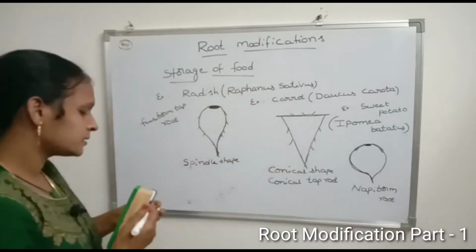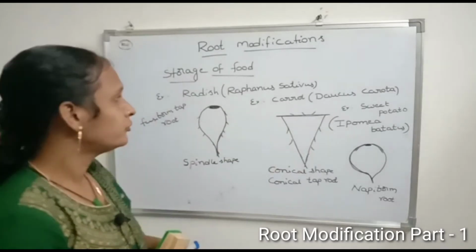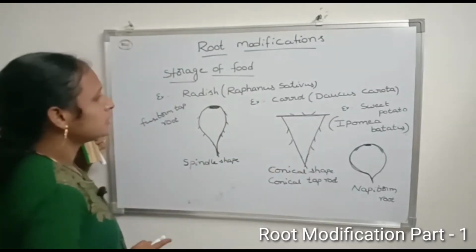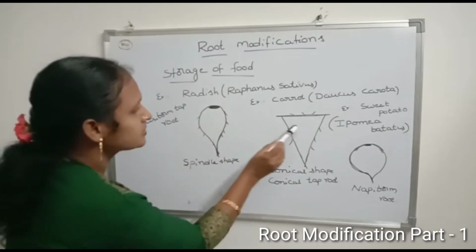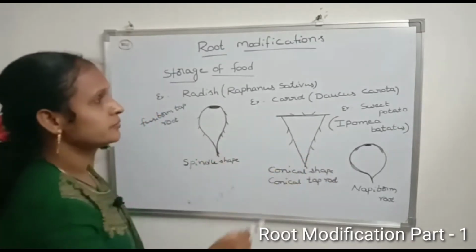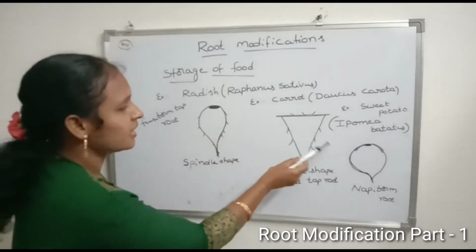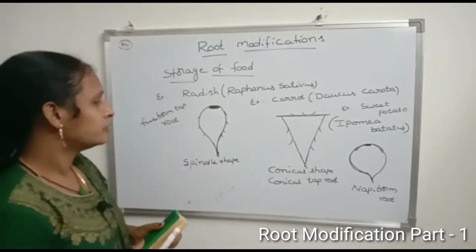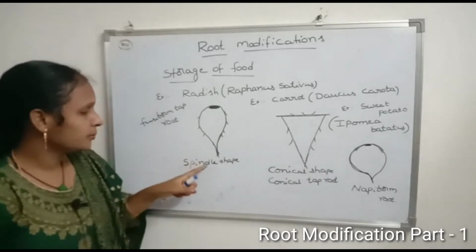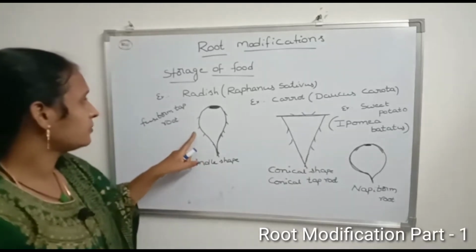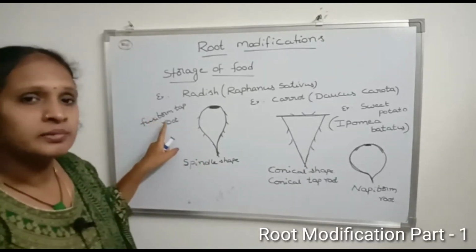Those are the examples of storage of food. In all three examples, the middle becomes swollen due to storage of food. The radish appears spindle shaped; this type of root is called a fusiform taproot.